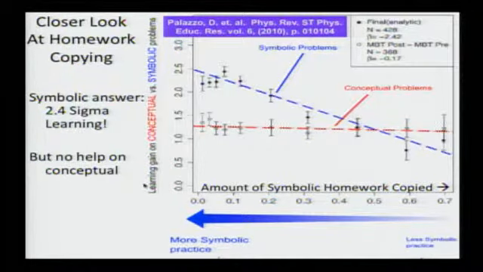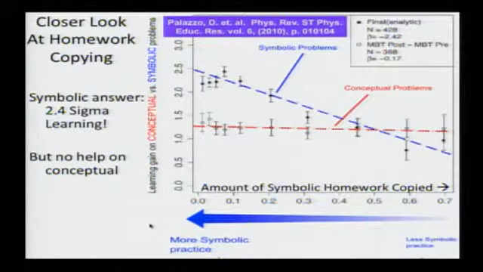And what we plotted here is, we could measure the amount of symbolic homework that was copied. Just about all the students did the early questions, which were the concept questions on the homework assignment. And so we actually got a normalized gain of around 0.38, which is pretty good, but I think it's because of the interactive nature of Mastering Physics.